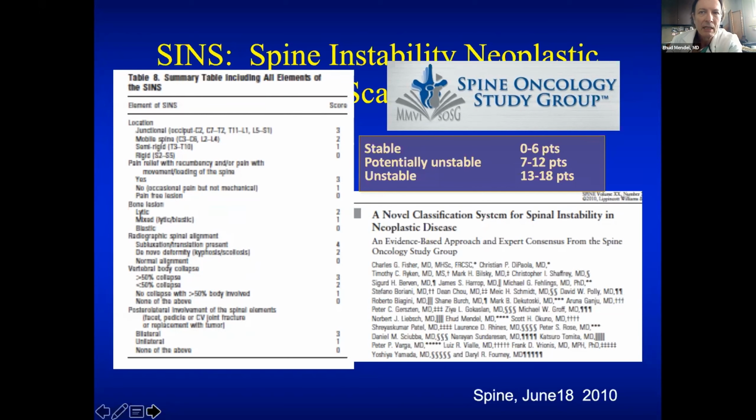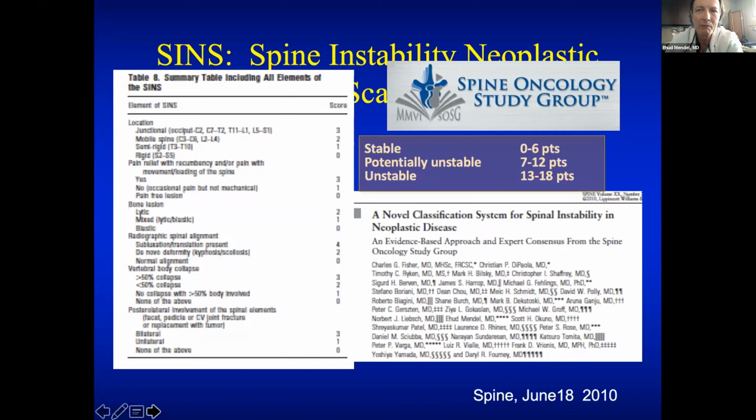If he has no pain or occasional pain, but not mechanical, and sometimes it's biological pain related to the tumor within the bone, it drops immediately to 1 point. So right there, if you have a patient who has a junctional fracture with mechanical pain, that particular patient already has 6 points. So these are really the top two key elements of the table. The other ones are getting less.